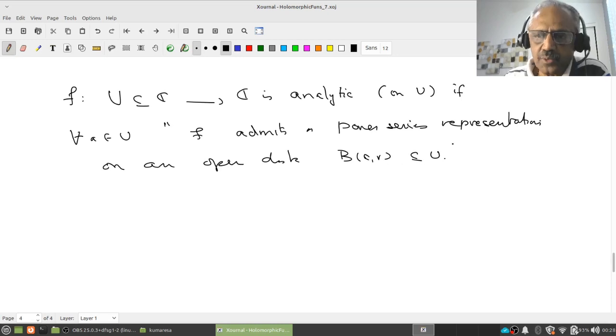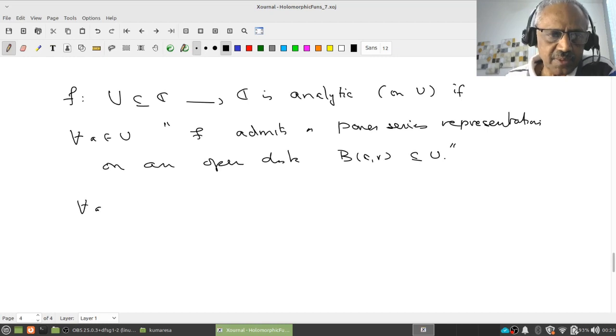But those of you who have already seen my power series lectures will know: if I have a power series which is convergent on a disk, then it defines a function. Then I say the function is represented by the power series. So what does it mean?